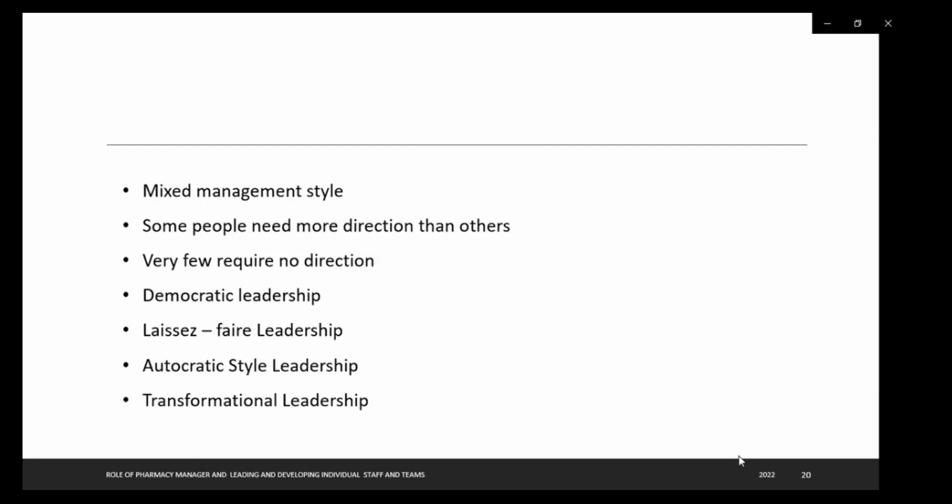Employees who lack motivation also have to be controlled by the autocratic leadership method. And there are some pharmacists and assistant pharmacists who have excellent knowledge and experience about their job. They don't require direction and guidance frequently. For them, I use the laissez-faire style as a management leadership style.